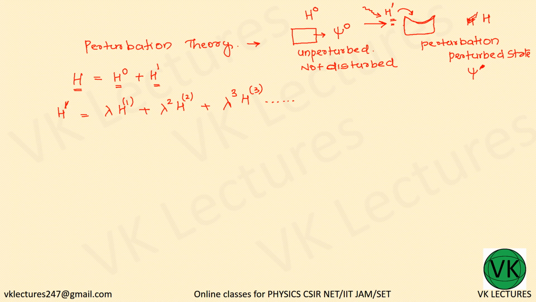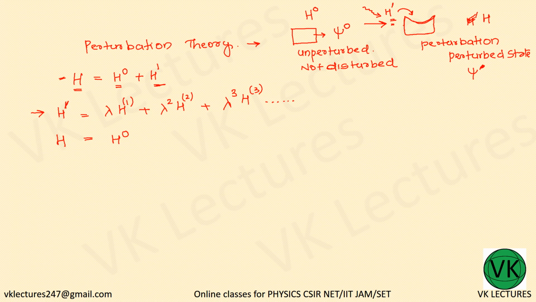Right? So now we can write the total Hamiltonian H, that is what we have written earlier. H is equal to H naught, the initial Hamiltonian, plus what is given as H dash. What is H dash? H dash we are writing in terms of different order perturbation.